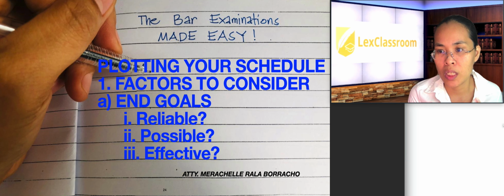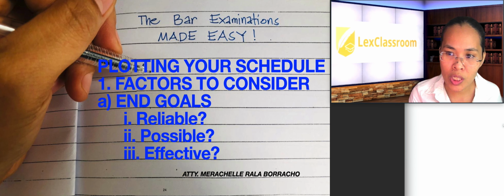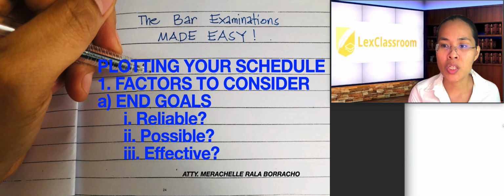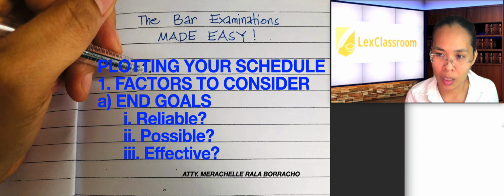Like, oh, I didn't reach this, and tomorrow you have another set of backlogs. So you have to plot your schedule based on your capacity and based on the fact that you reach your mental momentum as much as possible.